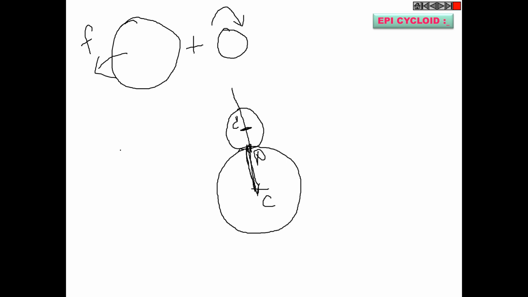If you want, you may note it down. This bigger circle we call the directing circle, D-I-R-E-C-T-I-N-G, directing circle.